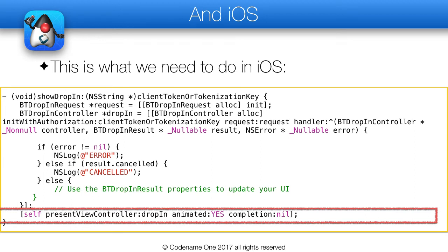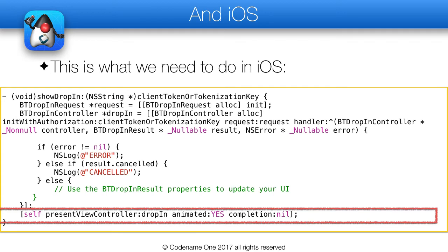The final piece of code is the presentViewController, which shows the UI. Notice it happens before the lambda expression is invoked, as that is a callback. Also notice we use the Objective-C keyword self, which is the Objective-C equivalent of Java's this keyword.